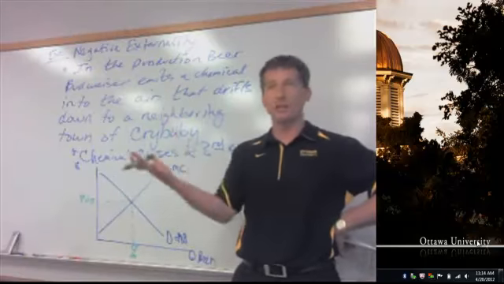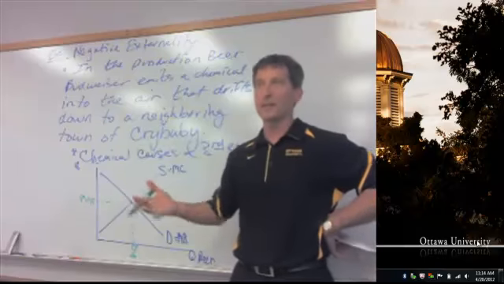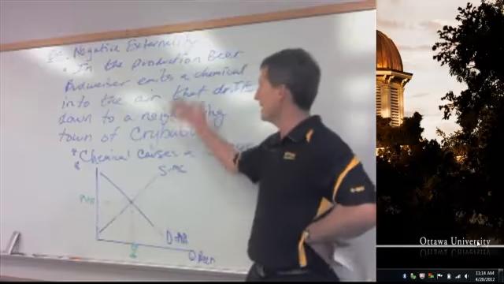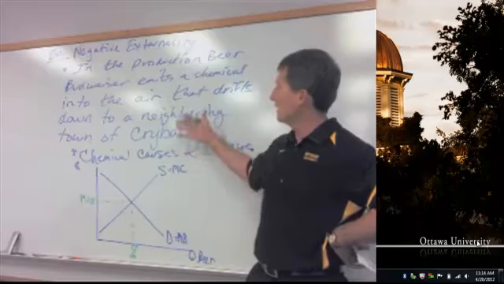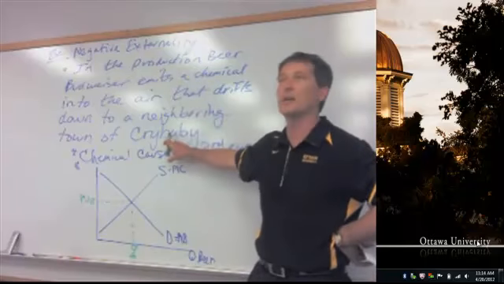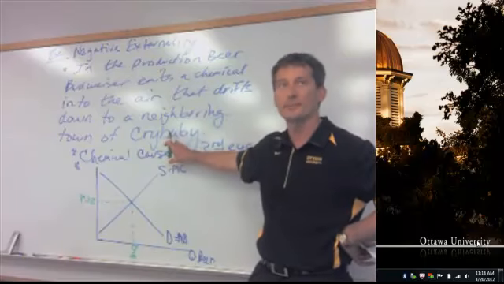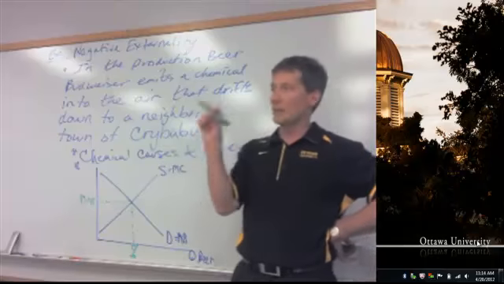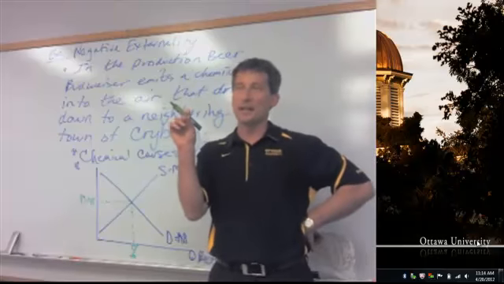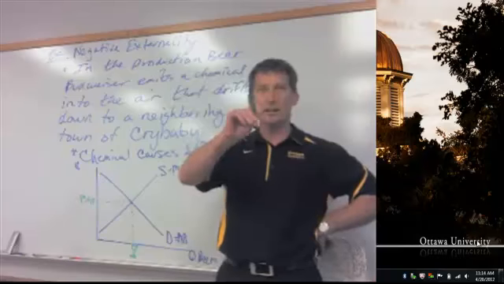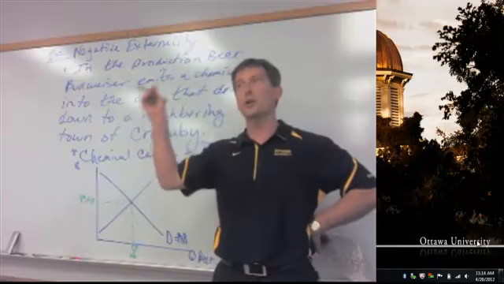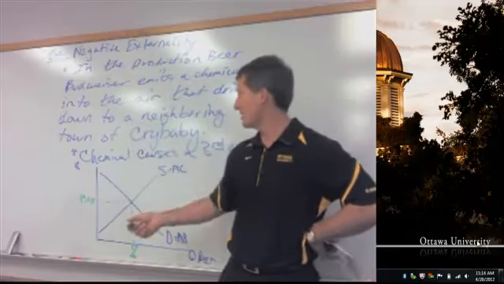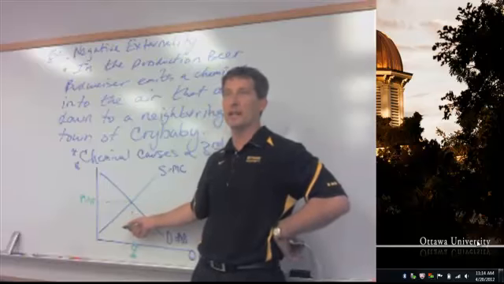This is the failure now of the market because the market is not taking into account the detrimental impact in the town of Crybaby. So look at that definition for an externality. It's a cost borne by a third party not directly related to the transaction.